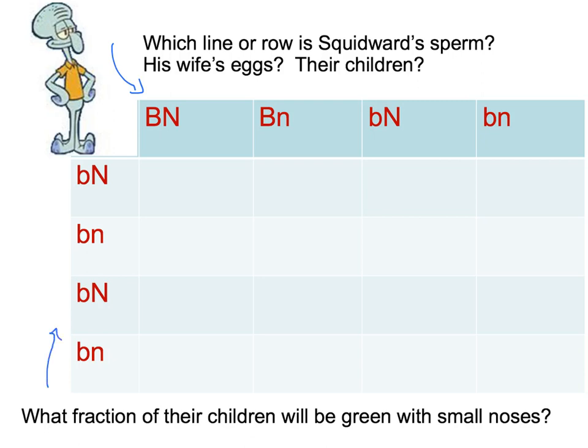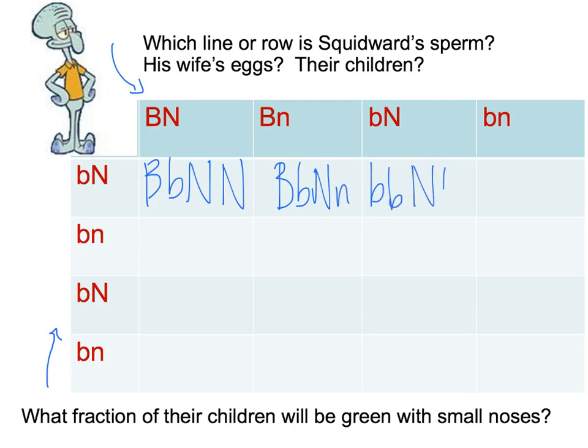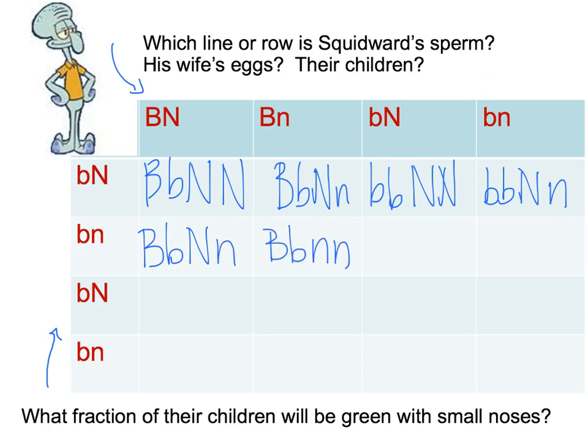Now we want to know what fraction of their children will be green with small noses. In order to answer that question, we need to fill in our Punnett square, keeping my letters together, keeping capitals first. And hopefully you're doing the same on your practice sheet right now.